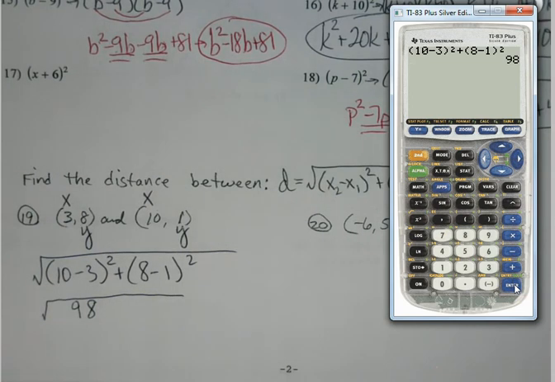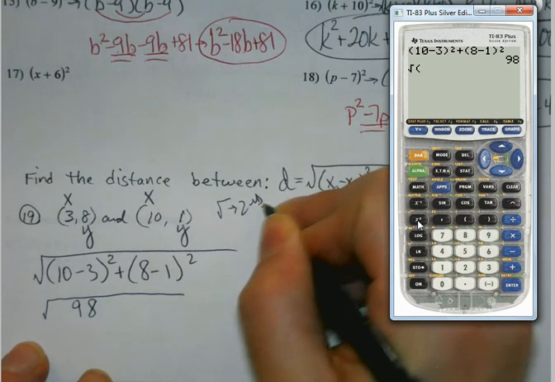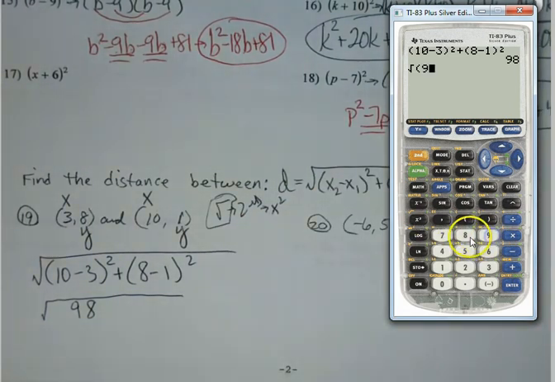And now here's what I'm going to kind of let you in on. If you go to do the square root, which again, to get the square root is second and x squared, and you get a decimal.